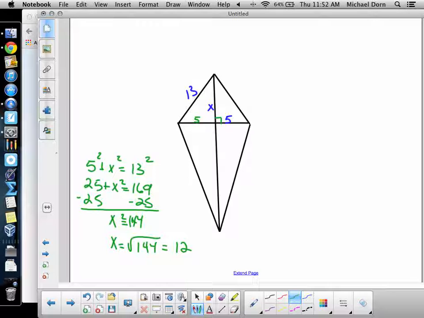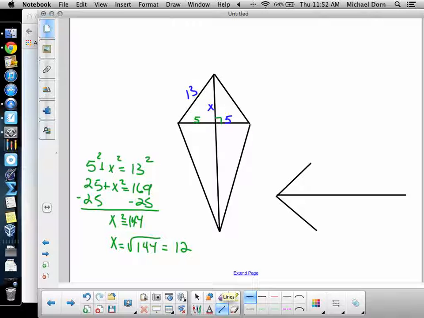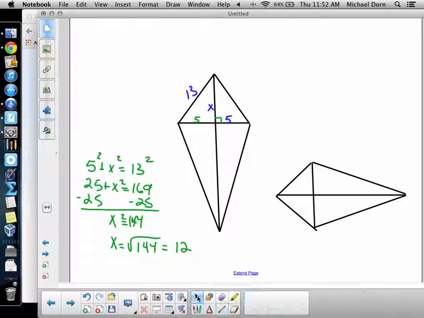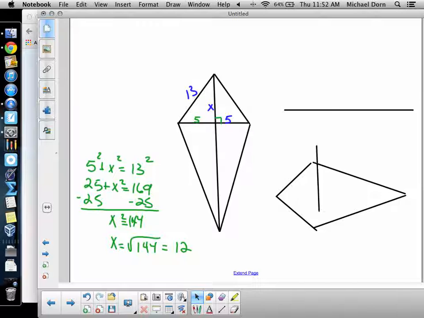Let's talk about the angles very quickly of a kite. Like I said, drawing a kite is easier if I draw in the cross first. Okay, let's get rid of those parts.